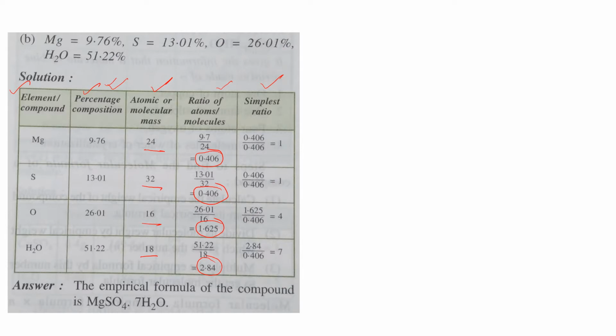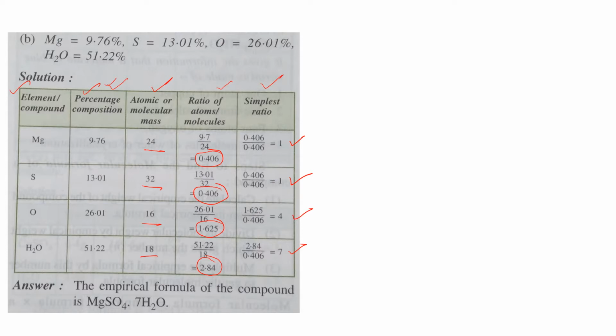Now 0.406 is the smallest one. So you have to divide all these numbers by 0.406. After division, I am getting magnesium 1, sulfur 1, oxygen 4 and H2O 7.